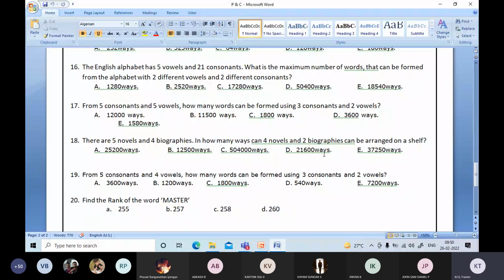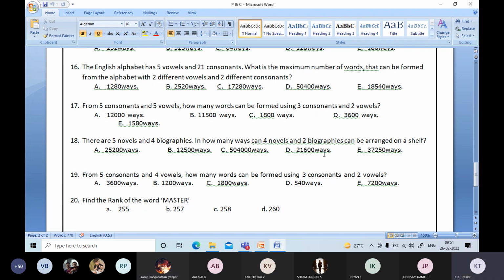What is the answer? Don't calculate, just tell me what the combinations are. What will be the combination? 5C2 and 21C2, sir, into 4 factorial.